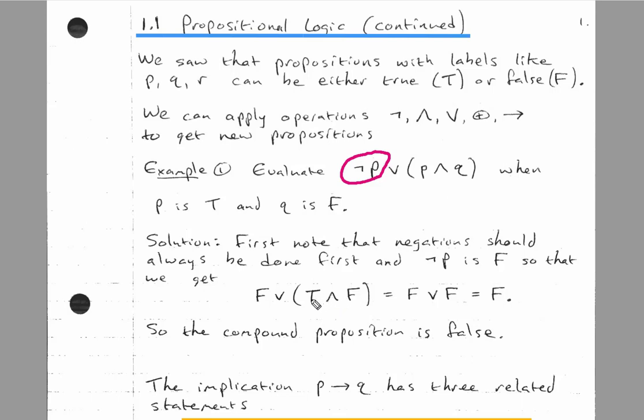P and Q, so that's true and false. So we remember how that and worked. So the only time and gives true is when these two are both true. Otherwise it's false. So this piece is false.